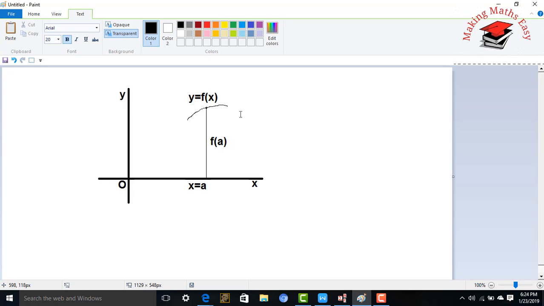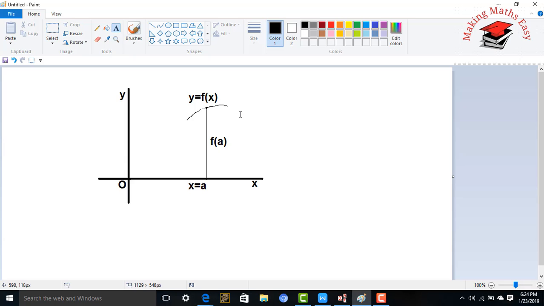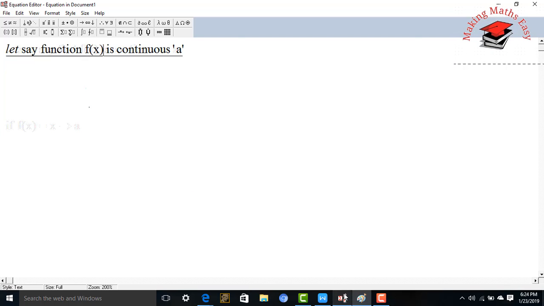So here y is equal to f of x, and we can say that f of x is continuous at x equal to a.